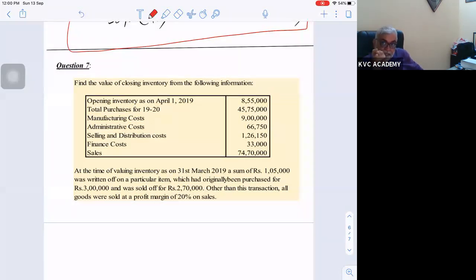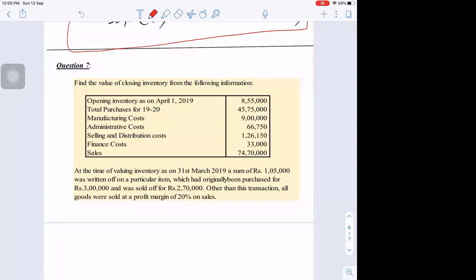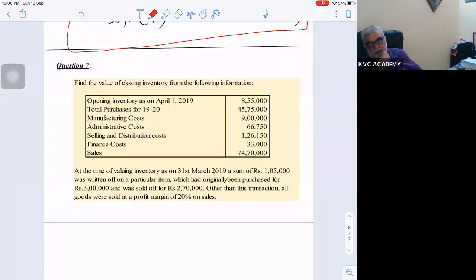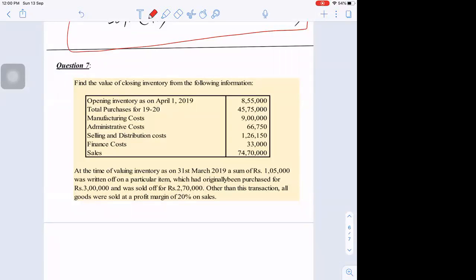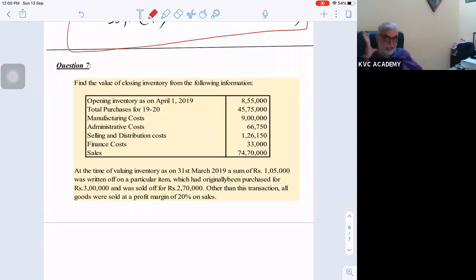If I had not reduced that, what would have been the stock? Add 855 plus 105. 9,60,000. Correct? So the original cost of the item is 9,60,000.